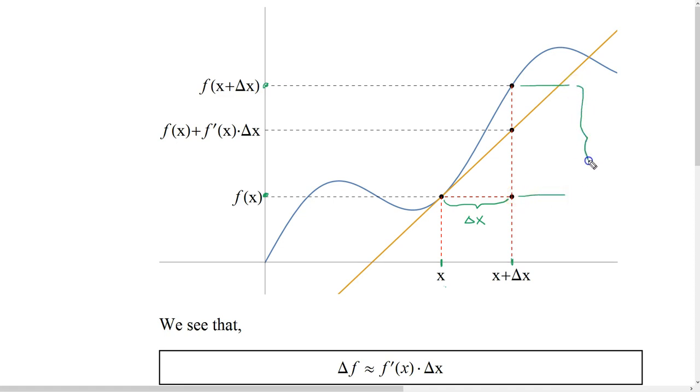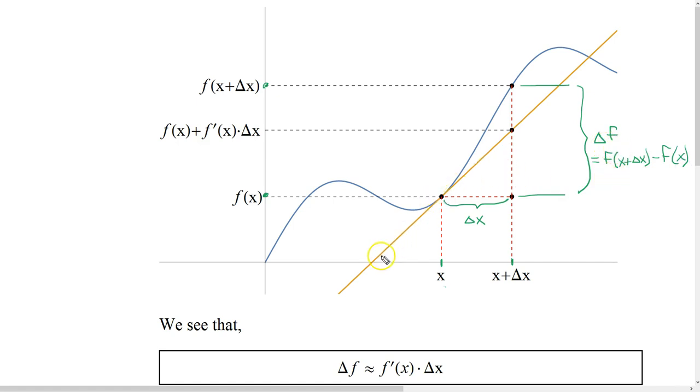This distance, we'll call that our change in f, and that is equal to f of x plus delta x minus f of x. Alright, so that's our change in f.